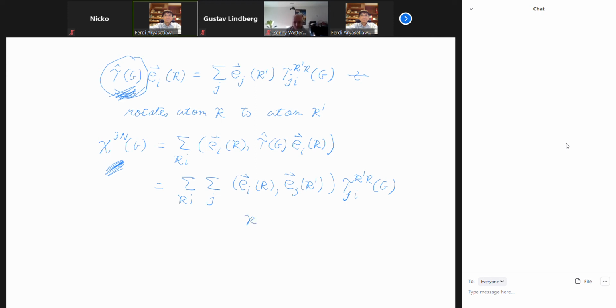So if R prime is not equal to R, then this doesn't contribute to the trace. It's because this thing is zero. It's equal to zero if R prime is not equal to R.